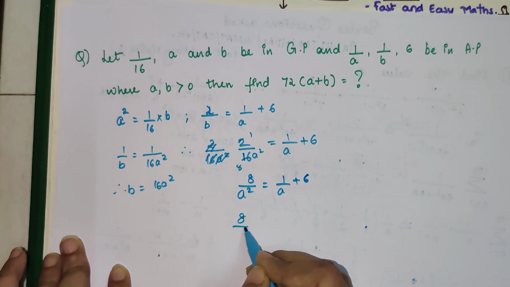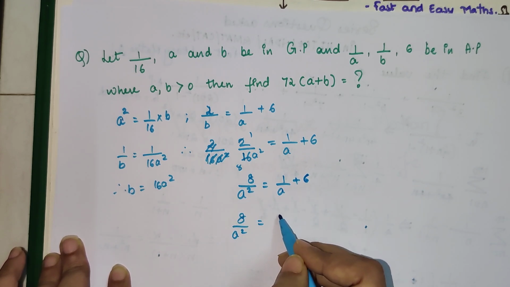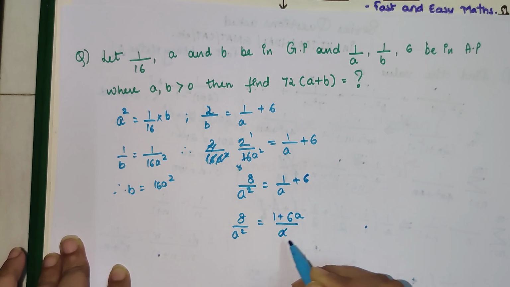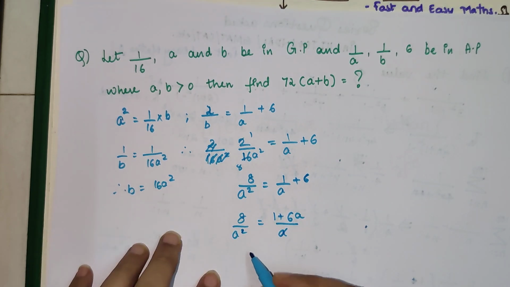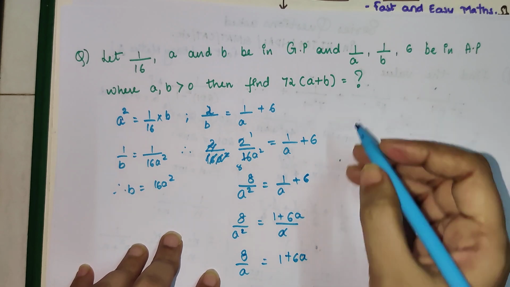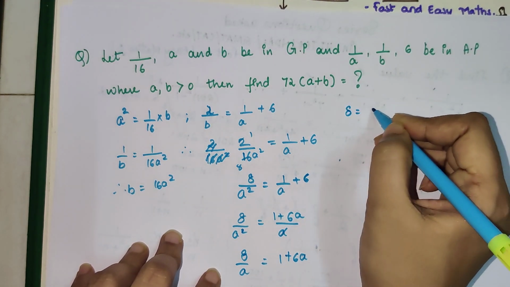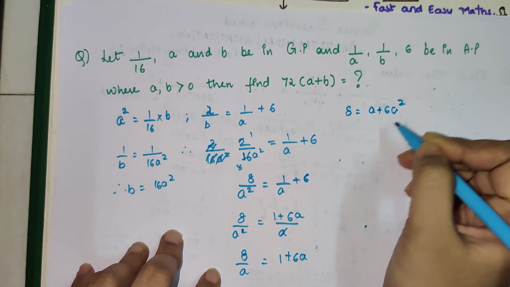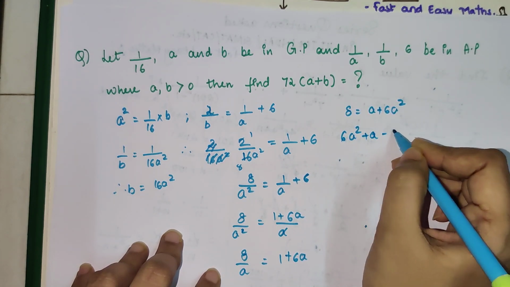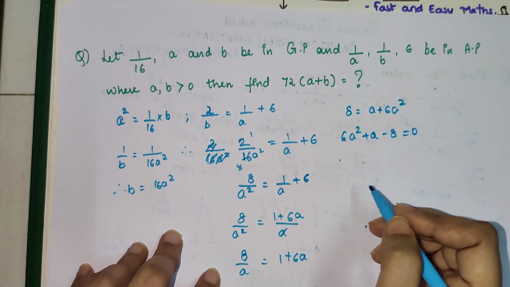We have 8 upon a square is equals to 1 plus 6a upon a. So this a and this one a will get cancelled. So we will have 8 upon a is equals to 1 plus 6a. Then cross multiplying, I get 8 is equals to a plus 6a square.